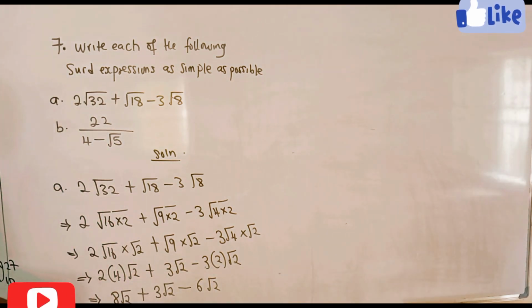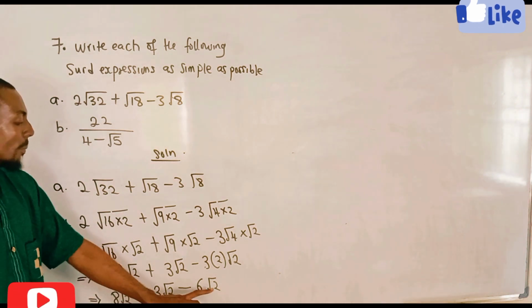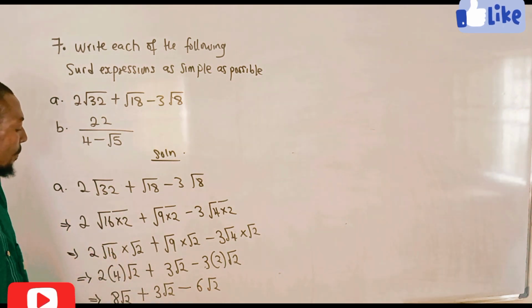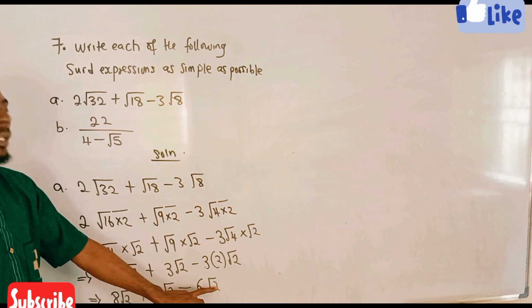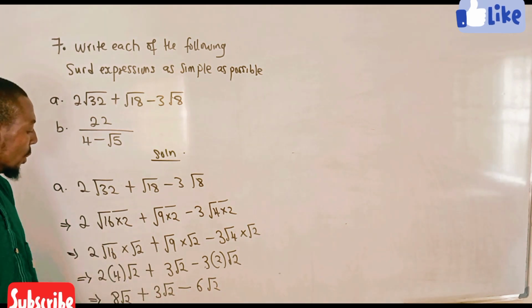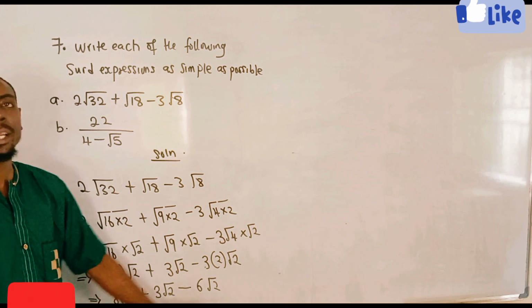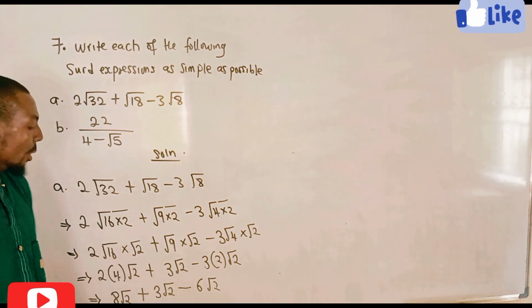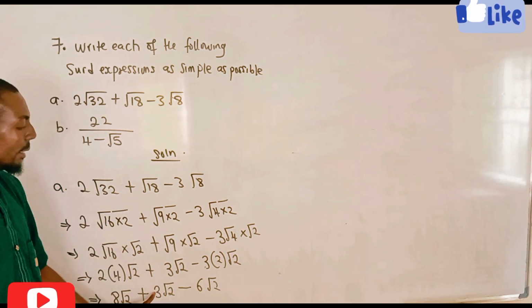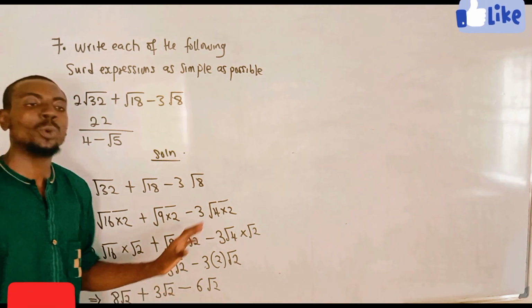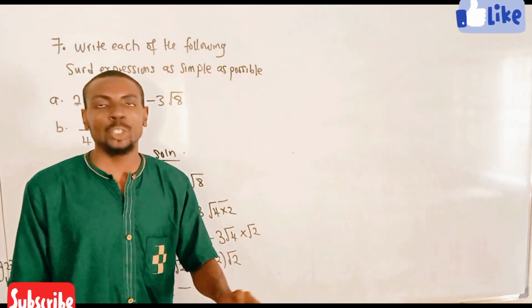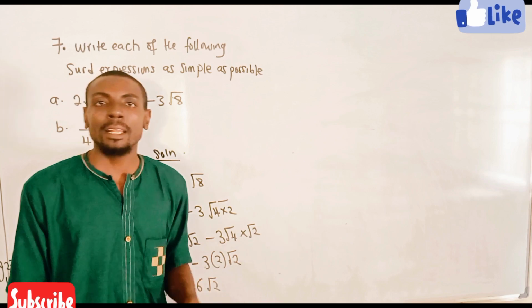Don't forget, whenever surds have the same number under the square root, then the surds can be added. Okay? You just simply add the coefficients and also ensure that you attach the surd of 2 at the final answer.